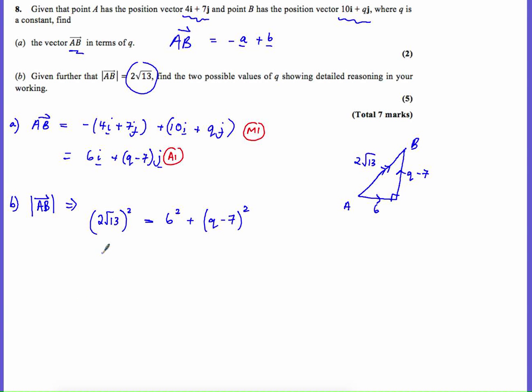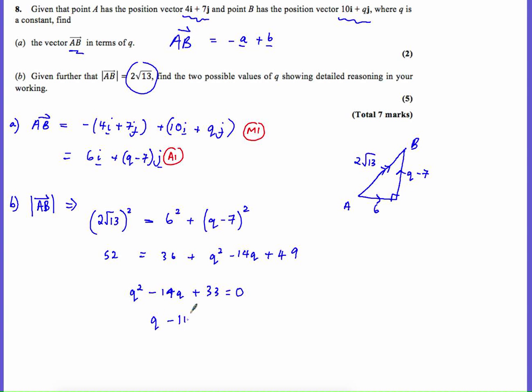I shouldn't have any problems multiplying that out, so this would give us 52 equals 36 plus q squared minus 14q plus 49. Make that equal to 0: q squared minus 14q plus 33 equals 0.